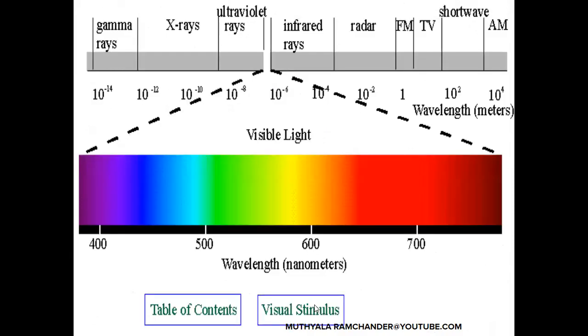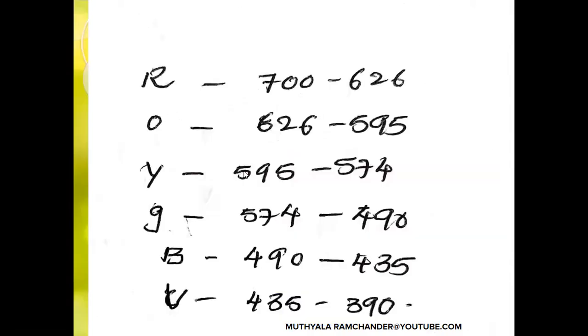See, light intensity, visible light. Visible light is 390 nanometers to 700 or more than 700 nanometers wavelength of light. In this visible light, VIBGYOR colors are present. The VIBGYOR colors are violet, indigo, blue, green, yellow, orange, red.